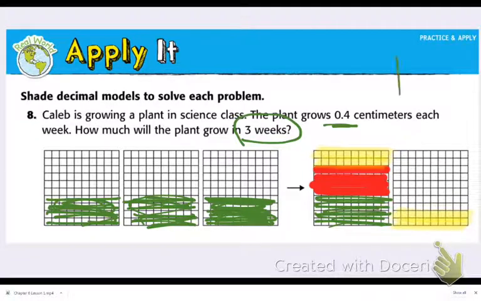Step 3 is to solve. How much is shaded? Well, I have 1 whole, right, and 2/10 of a centimeter. And I know it's reasonable because my drawing illustrates that 1 and 2/10 of a centimeter is what his plant grew.